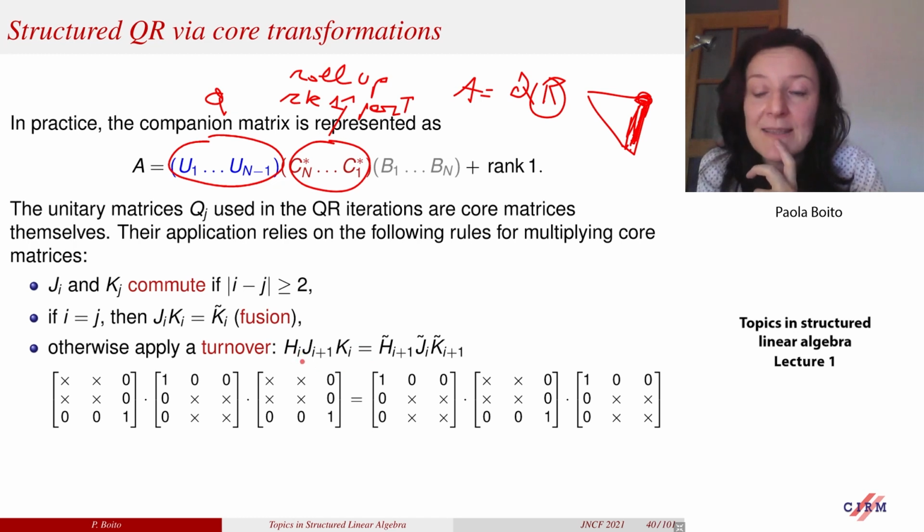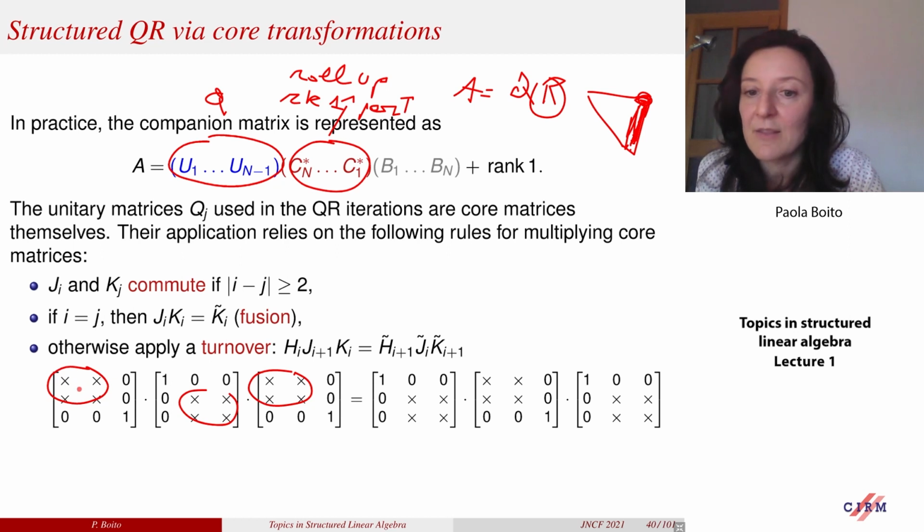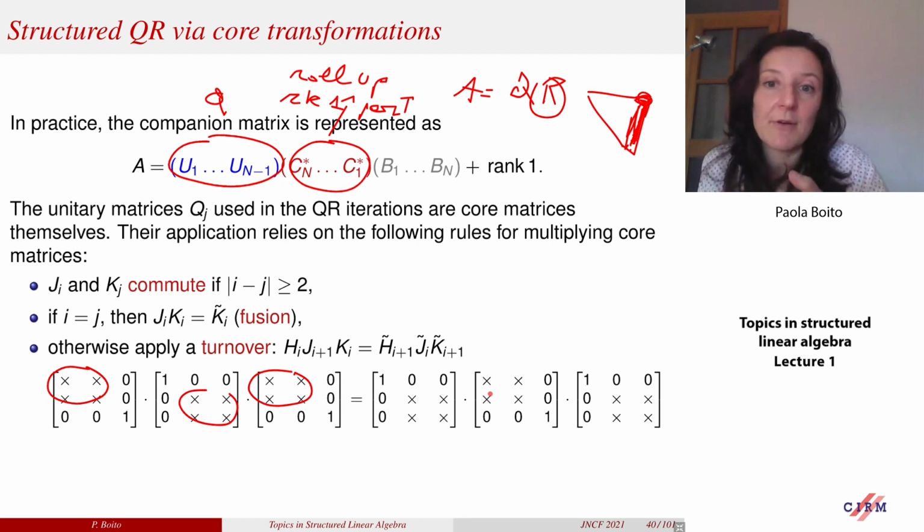When you have to multiply 3 core transformations with indices i plus 1, and i, and then i plus 1 again, so the second matrix is 1 index lower, the third matrix is back 1 index up, this kind of matrix, if you develop the computation, it's a full matrix, but you can factor it again as a product of 3 core transformations, but this time you reverse the indices.